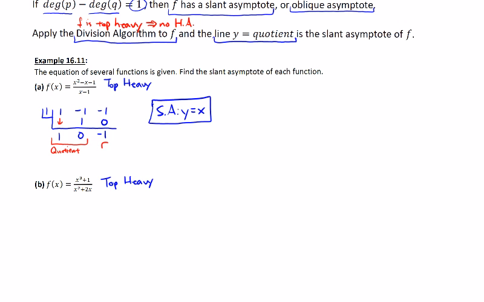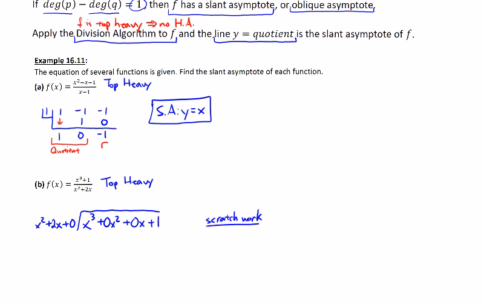So we are going to have to use long division, and for long division I have a dividend of x cubed plus 0x squared plus 0x plus 1, and my divisor is going to be x squared plus 2x plus 0.